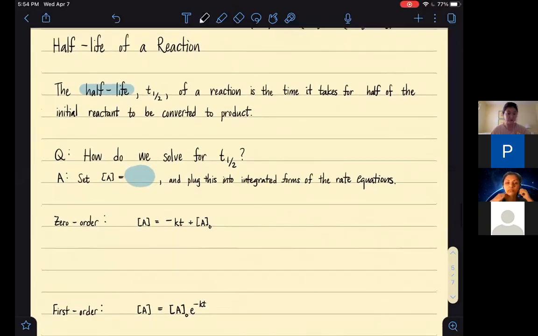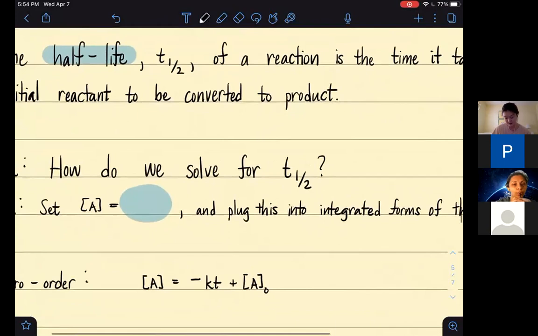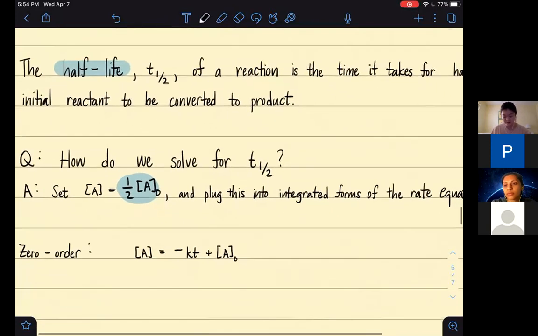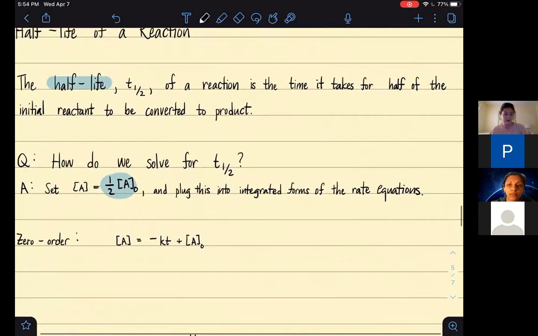Okay, so another important topic is half-life of a reaction. So the half-life is the time that it takes for half of the initial reactant to be converted to product. To solve for half-life, we just set the concentration of A to be 1/2 of the initial concentration, and then plug this into the integrated forms of the reactions.